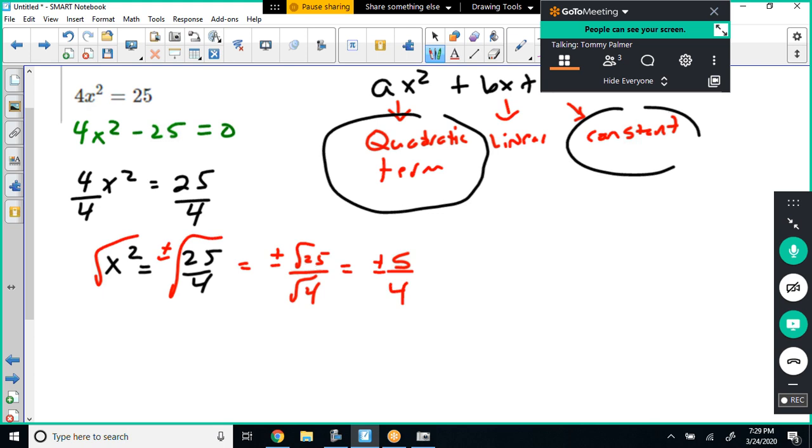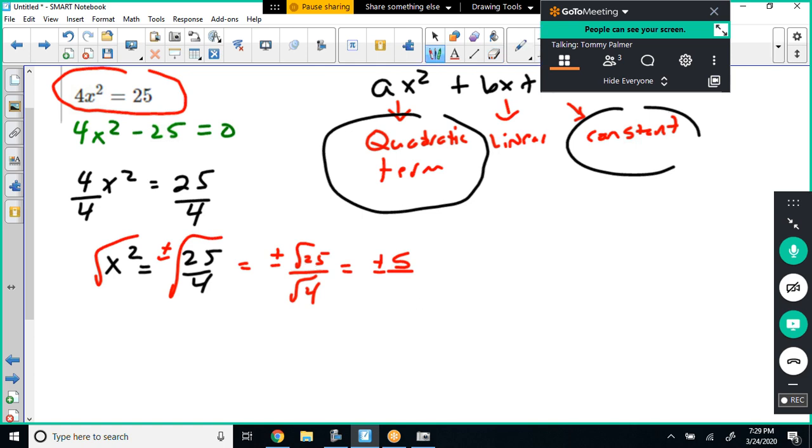So if it ever said solve by factoring and it gave you a quadratic term and a constant, then what I would do is use the square root method, okay? Oh, yeah, sorry. You're right. My bad.